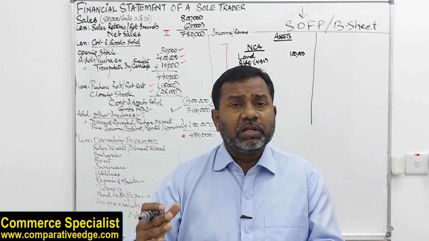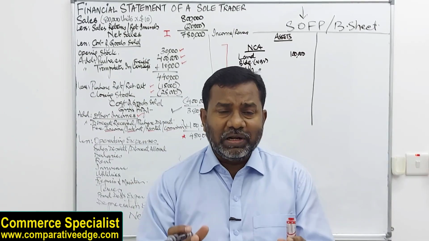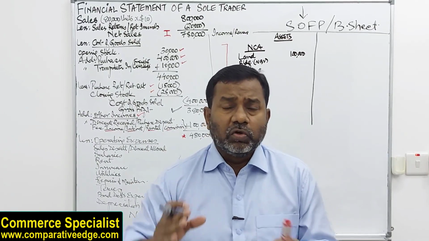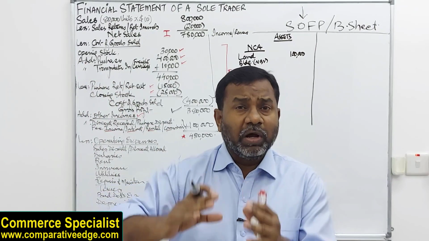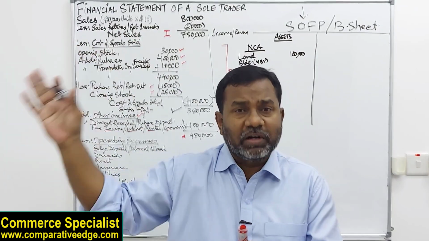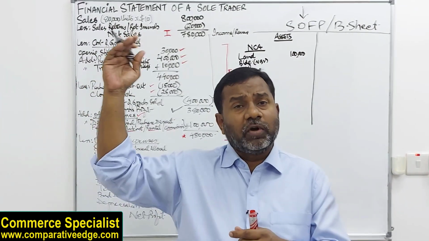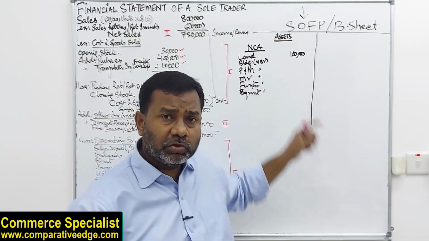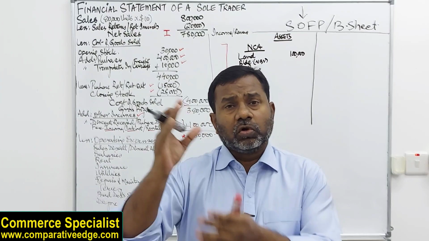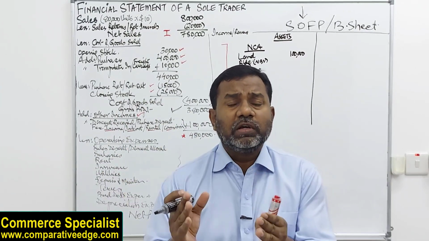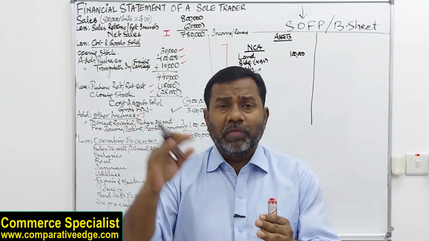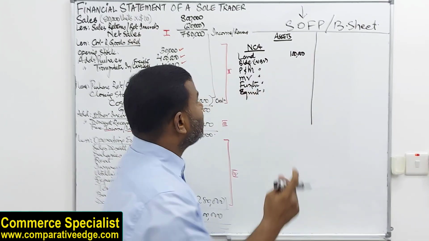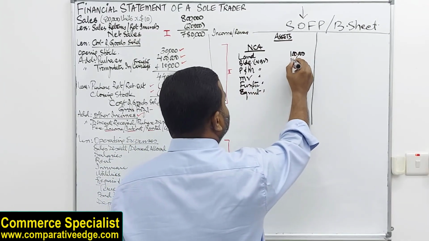And in 5 years, the total depreciation on building is 400,000. So historical cost, the amount at which we purchased it, is 500,000. Total depreciation from the date of purchase right up till the date of statement of financial position is 400,000. So cost 500,000, accumulated depreciation 400,000. When you minus, you'll get net book value, which is 100,000.